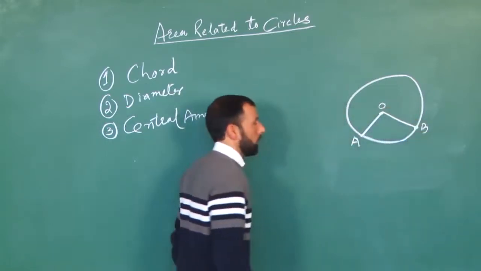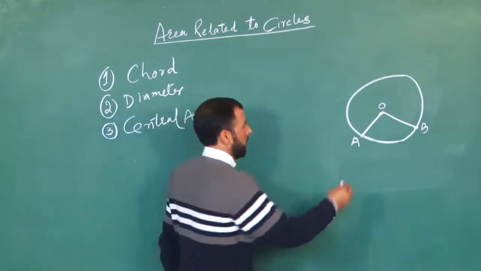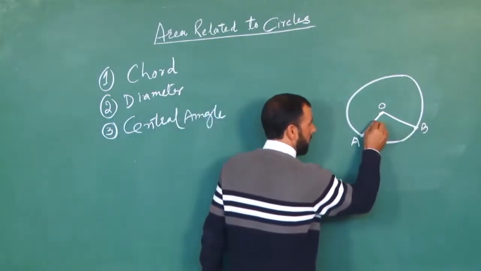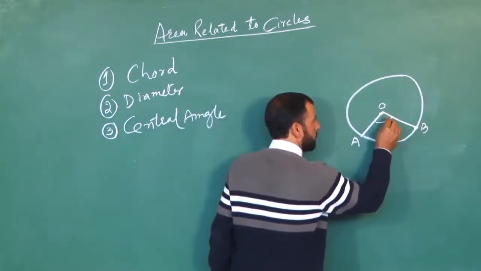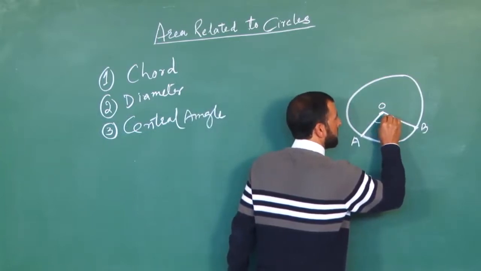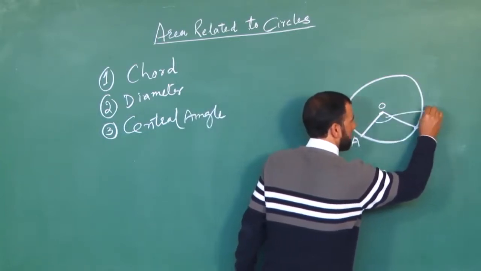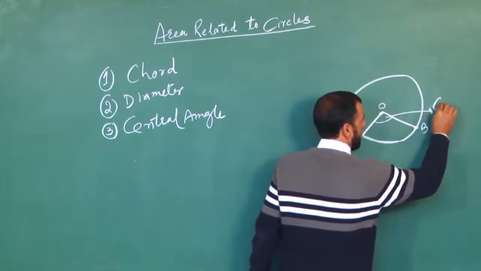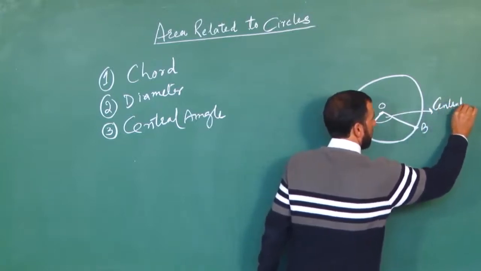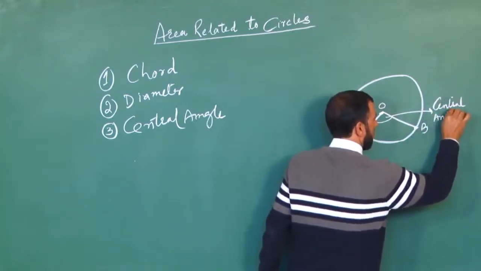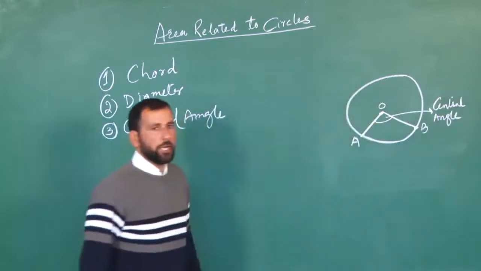The central angle subtended by an arc AB at the center is this one. So this angle is said to be the central angle. This is known as the central angle.